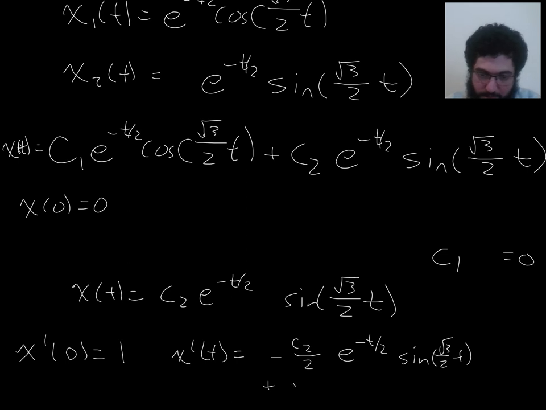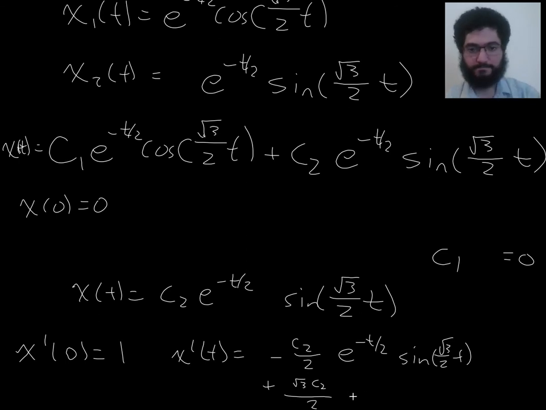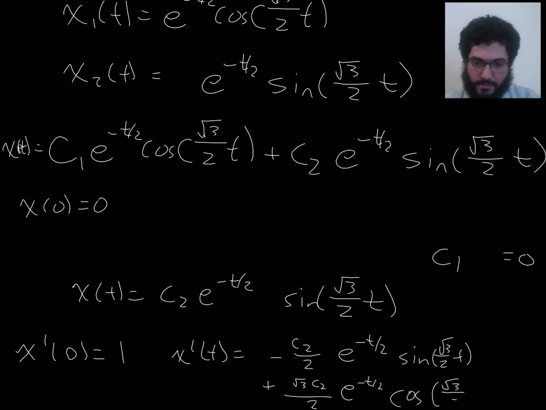So root 3 c2 over 2 e to the minus t over 2 cosine root 3 over 2 t.